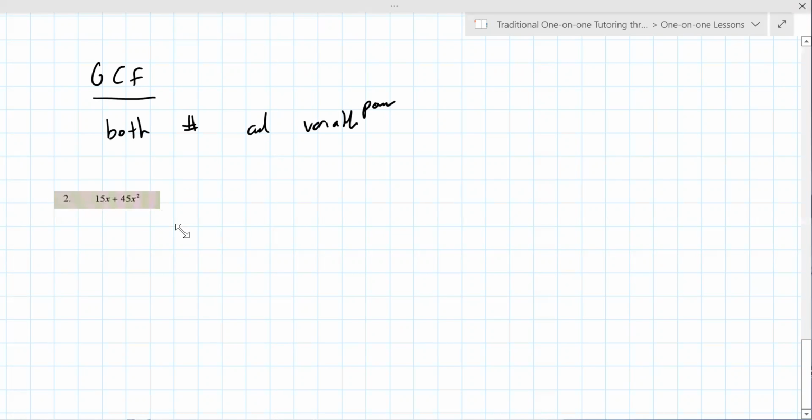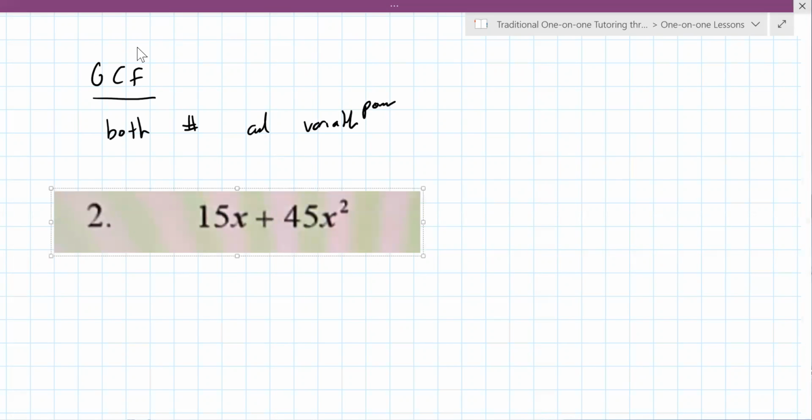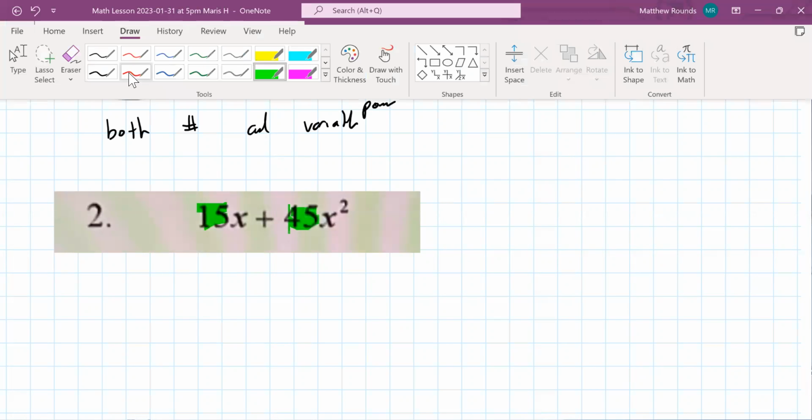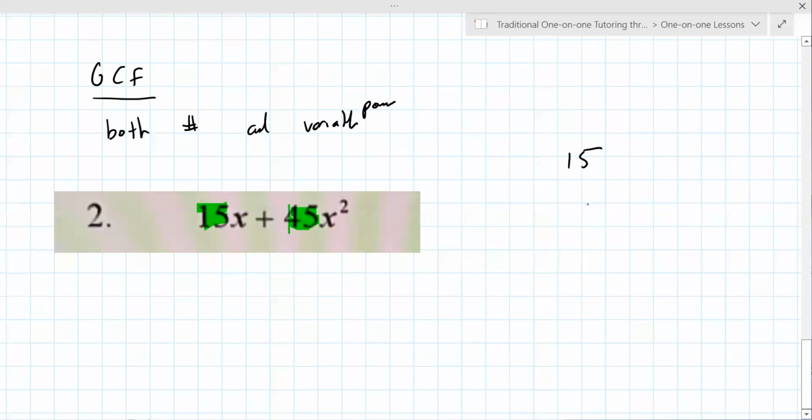All right, so for number 2, you first look at the numbers. You look at the two numbers, 15 and 45, and you figure out what's the biggest number that goes into both. So you're just focusing on 15 and 45.